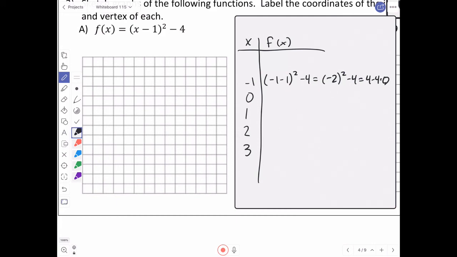So I'm going to set up my y-axis and my x-axis, and -1, 0.